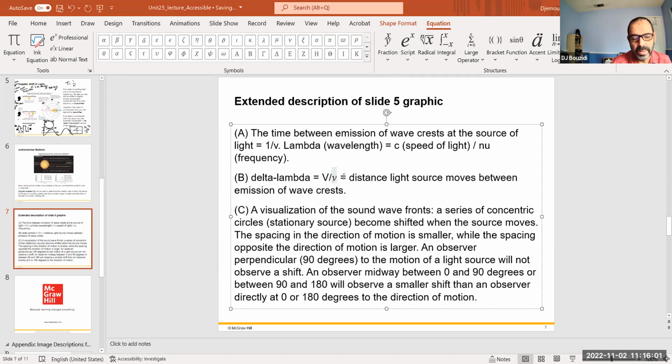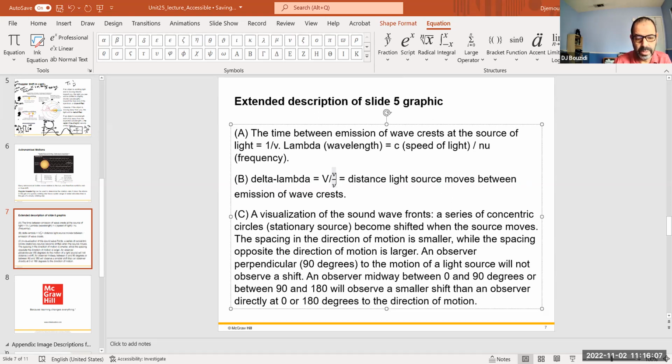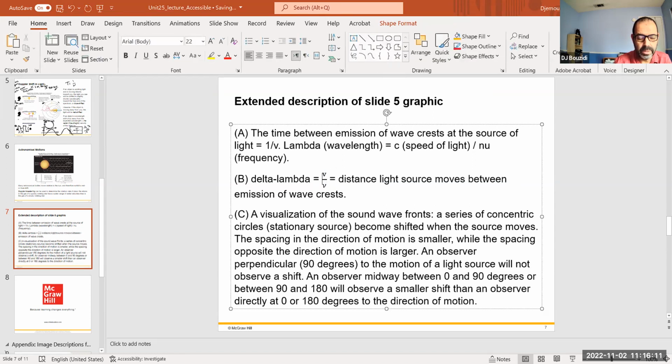Okay, so that's how it's supposed to look. This formula is actually V over nu. Let me delete these things now. Actually, let's write this whole thing in a math format since we're doing this anyway.